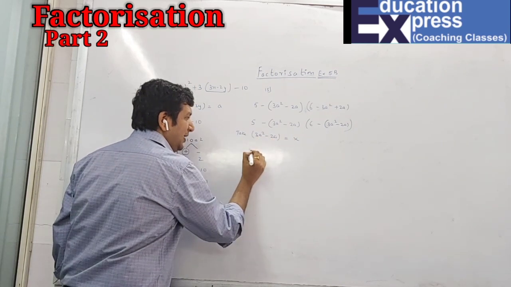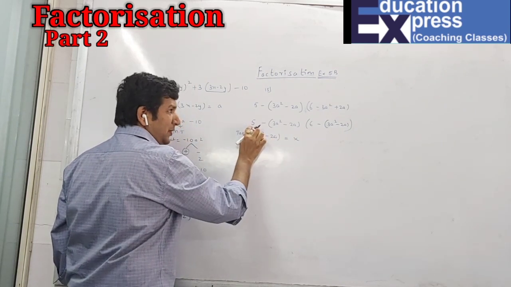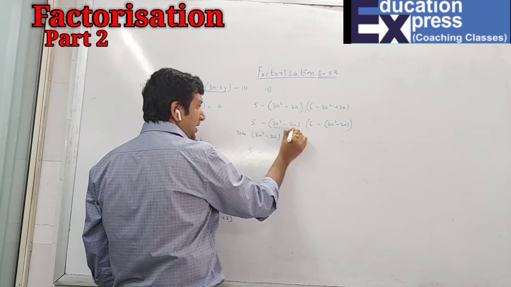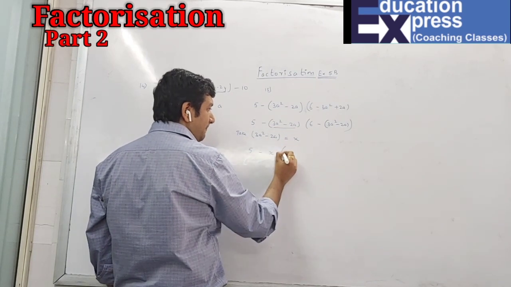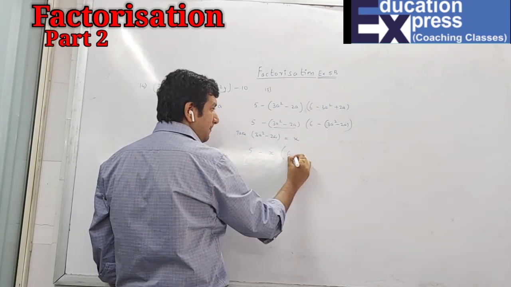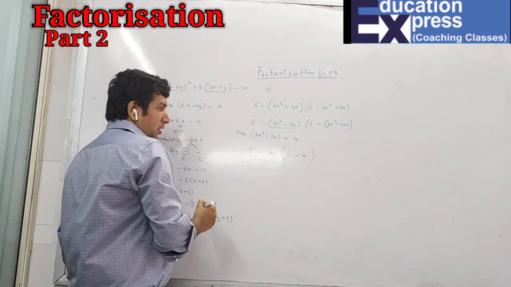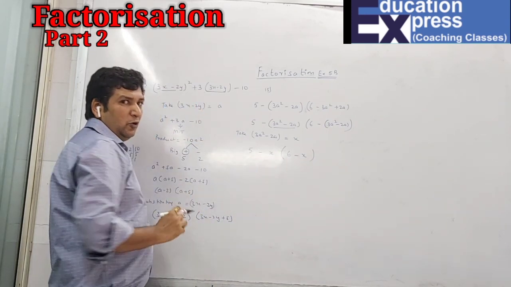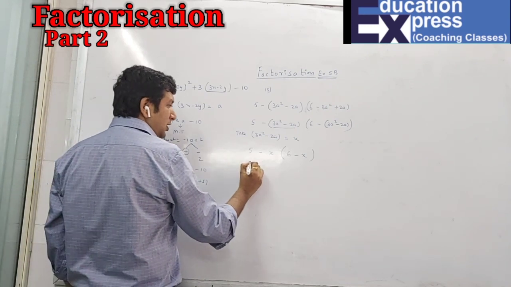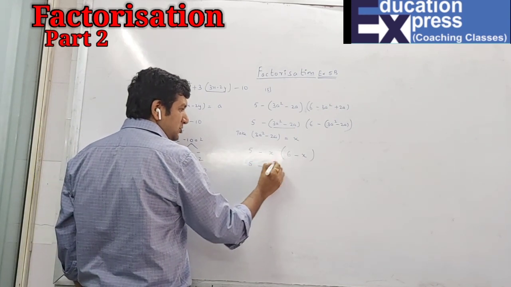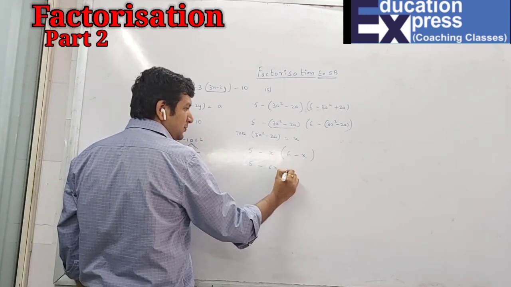So now 5. I'll not put the bracket. Then minus, then x, then bracket, then 6 minus x. If you put a bracket over here, the sum will go wrong. So here now, if I multiply this minus into 6, minus becomes plus.